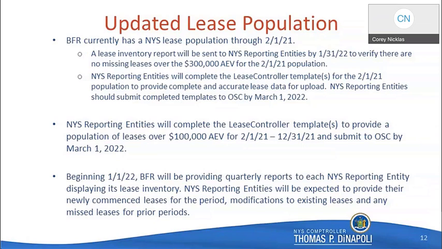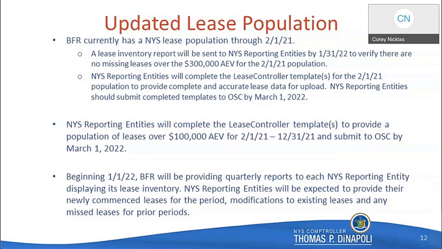To be included with that, we expect New York State reporting entities in this step to complete the LeaseController template for the 2/1/21 inventory to provide BFR, our office, with accurate lease data, that being term, amount, reasonably certain determination, etc. This step will be due March 1st, 2022. And if you have any questions on any of these steps, please reach out. So that's the first step.